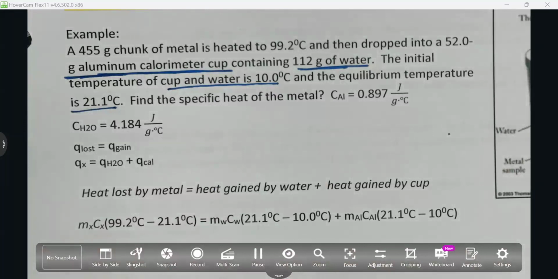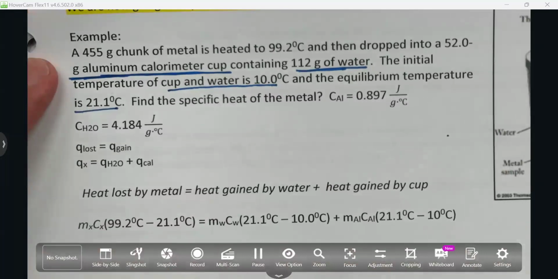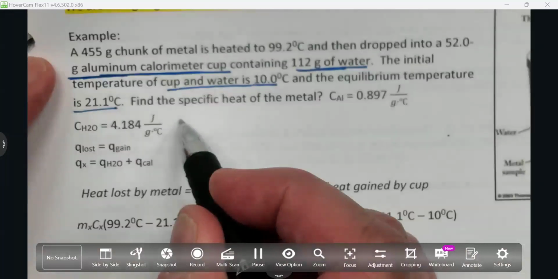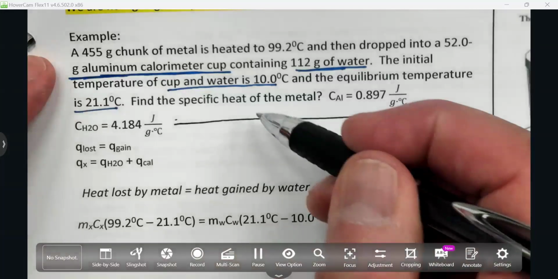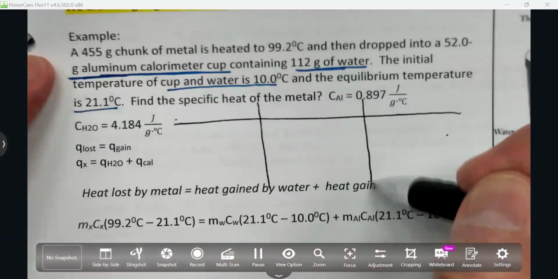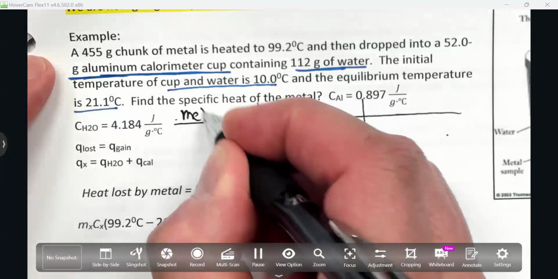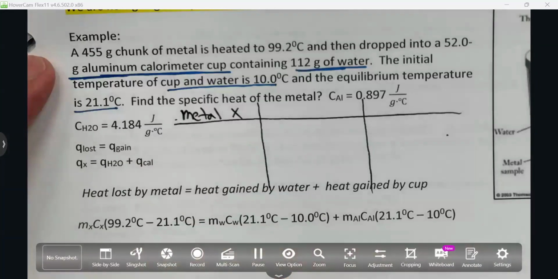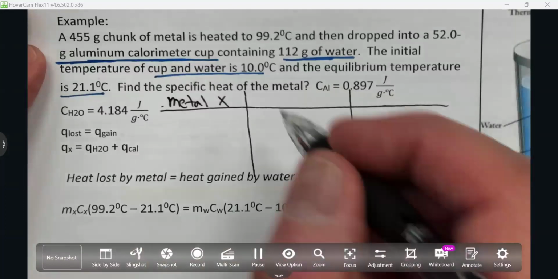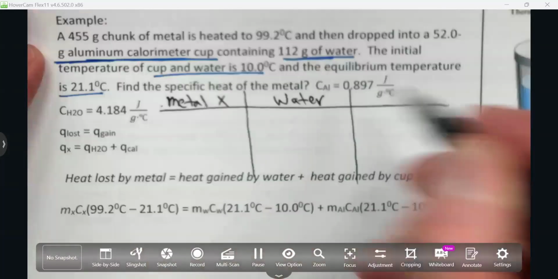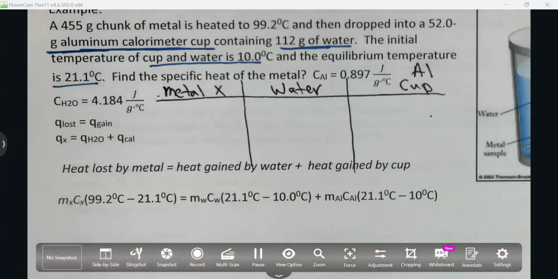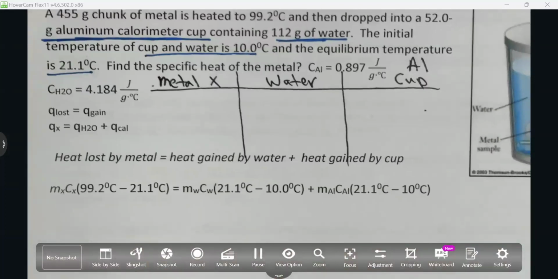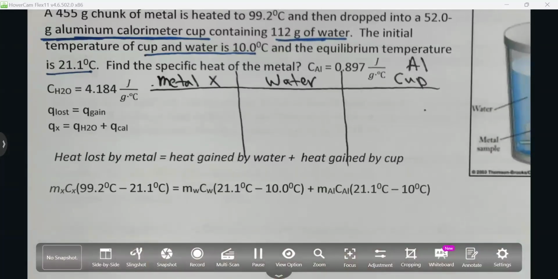Whoa, doozy. We have 3 things going on here. We're going to make 3 columns. We've got our metal, we've got our water, and we've got our aluminum cup. There are 3 things that heat is moving between here. So let's figure out what we've got.